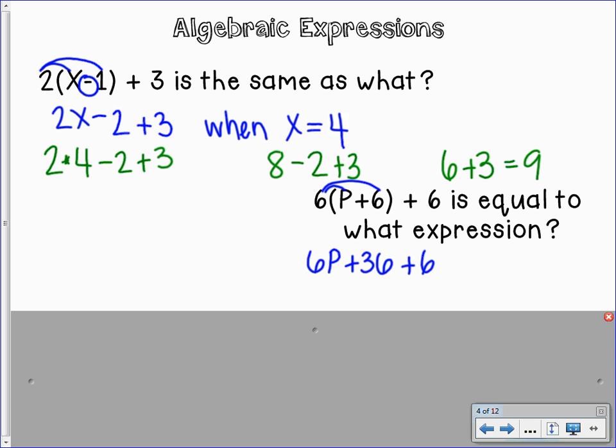Okay? Let's say when I say P is equal to 2. Figure this out on your piece of paper. So write it out again.